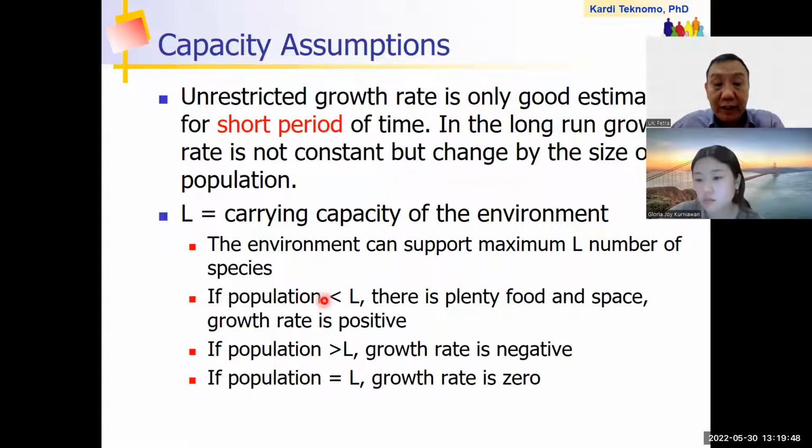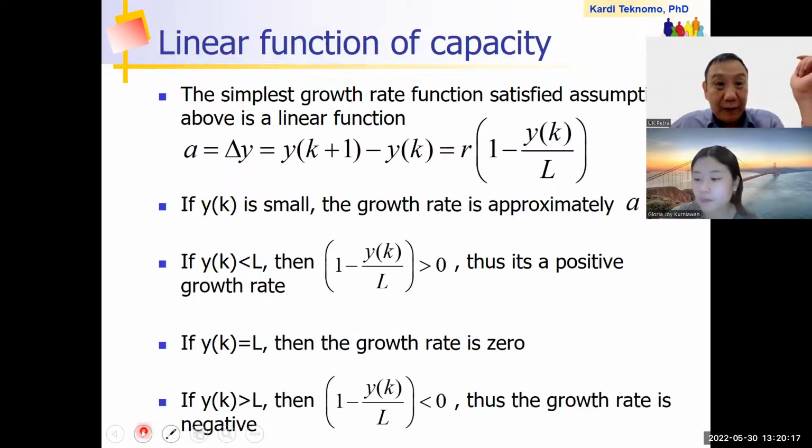If the population is less than L, there is plenty of food and space, and the growth rate is positive. If the population is larger than L, the growth rate is negative. If the population is exactly L, the growth rate is 0. This is the assumption that we use to create a logistic curve. Remember, in any mathematics, the most important part is the assumption, because if you change the assumption, everything changes.